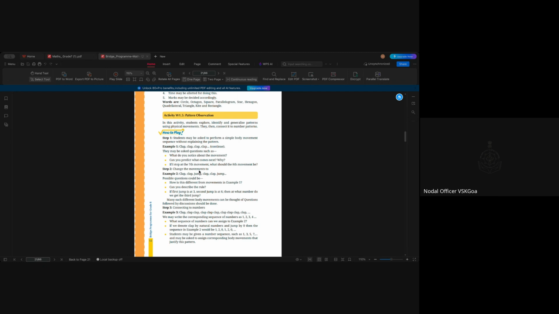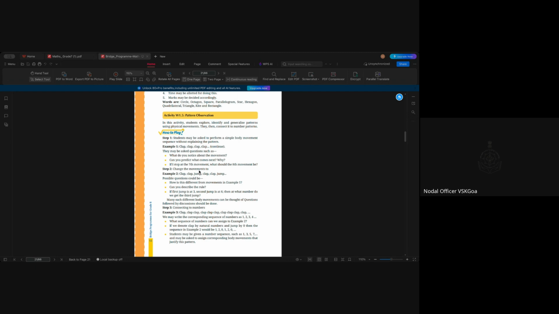So basically what is happening? 1, 1, 1, 1. So what is the pattern you can see? 1, 1, it continues, right? So the next, now you tell them, okay, you change the movement. So what could be the change in the movement? Clap, clap, jump. Clap, clap, jump. So if you denote clap as 1 and jump as 2, then the pattern would go in what manner? 1, 1, 2, 1, 1, 2.